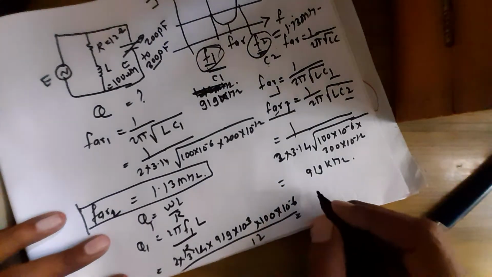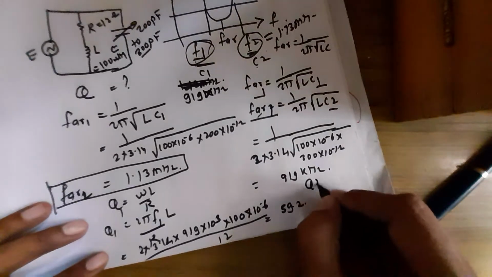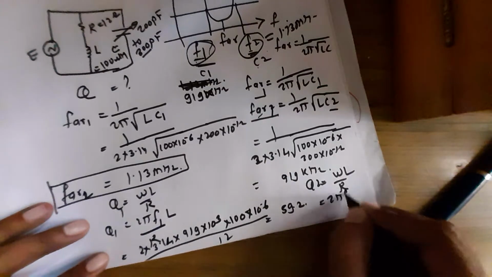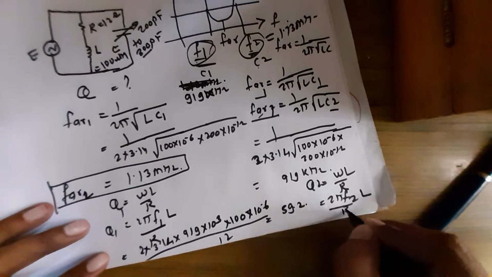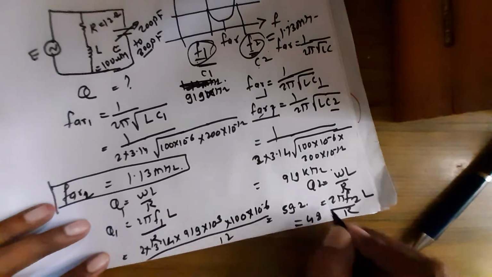So Q1 we will get as 59.2. Okay, similarly Q2 equal to omega L divided by R, 2 pi F2 L divided by R. So finding this, we will get Q2 value as 48.